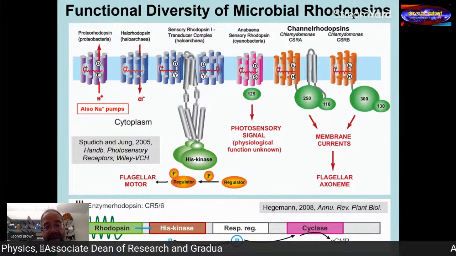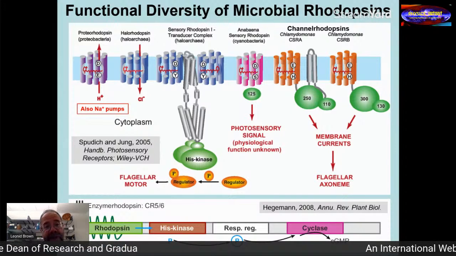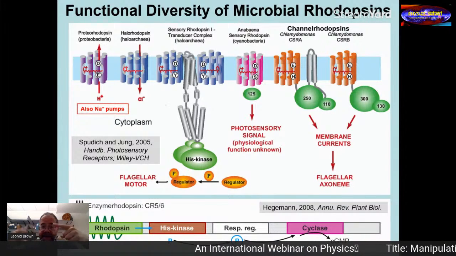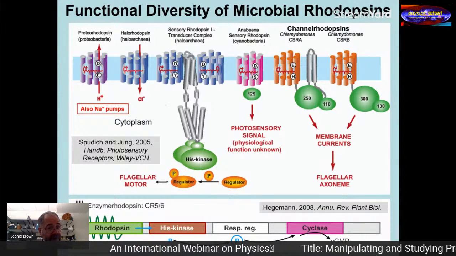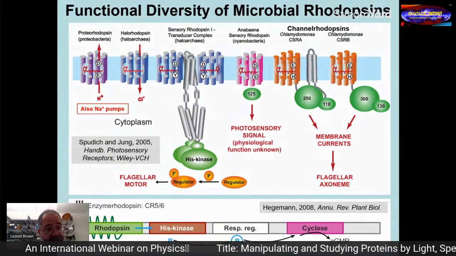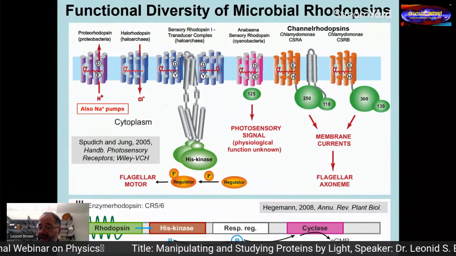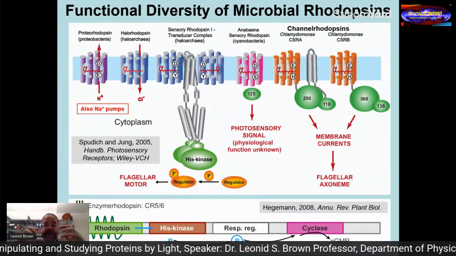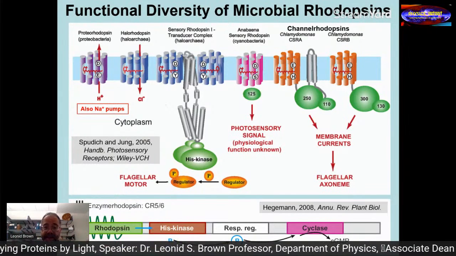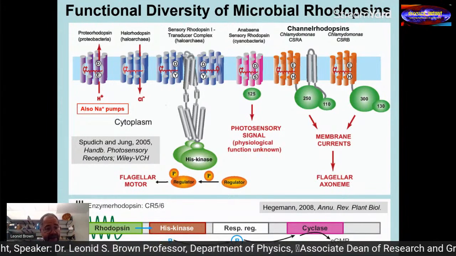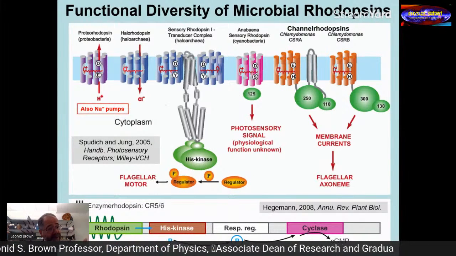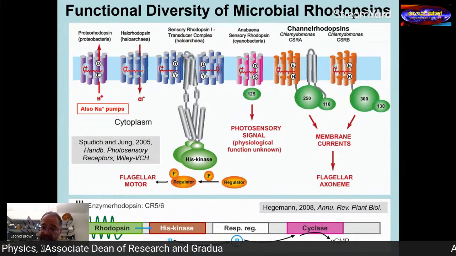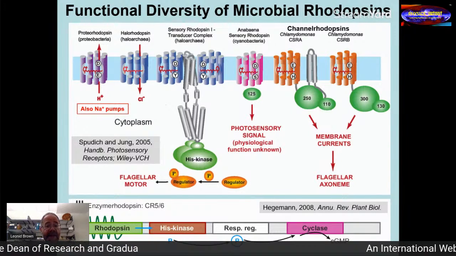Then there are all kinds of photosensors, which are activated, interact with their transducers, and then regulate swimming of bacteria, or they can regulate DNA transcription, or they can be channels, light-gated channels. The light opens the channel, ions, cations or anions, depending on the kind of the channel, rush in or out, change electric potential, signal as well.